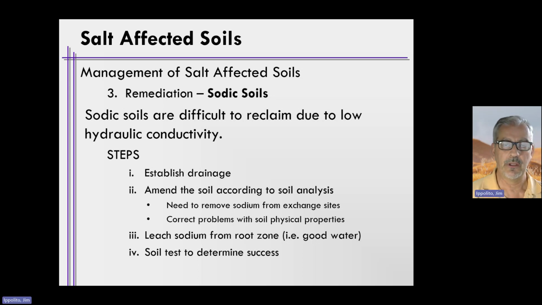And how do we do this? You'll learn about this in this video, that we oftentimes add a calcium source that can readily dissolve in the soil solution. And when we do this, this helps correct the problems with soil physical properties, the dispersion.